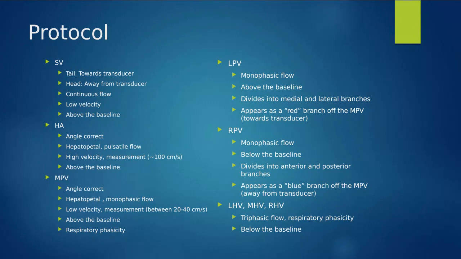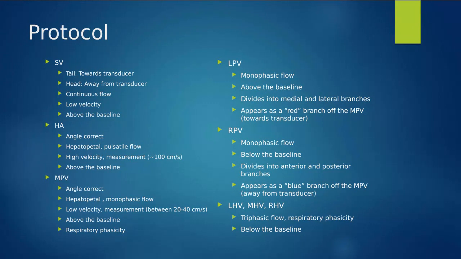Now, as we Doppler that splenic vein in the tail, this is me actually scanning myself, which was a little bit challenging. As I'm Dopplering at that splenic vein of the tail of the pancreas, you can see that I'm getting this very continuous waveform. It's above the baseline because this portion of our splenic vein is traveling towards our transducer.